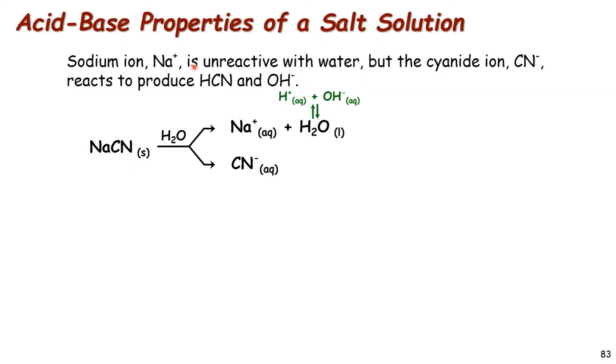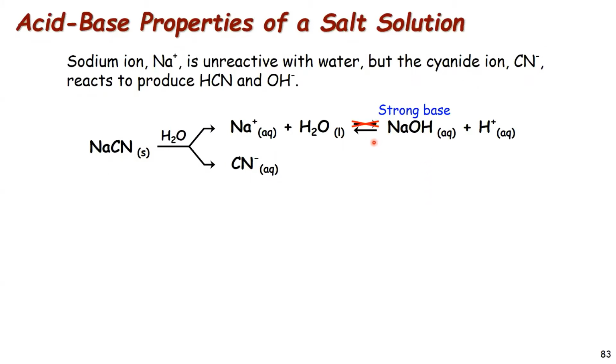And so the cation could react with the anion, in this case the hydroxide, and basically what it would form would be sodium hydroxide and the hydrogen ion. But looking at this, we know that sodium hydroxide is a strong base, and a strong base always dissociates.